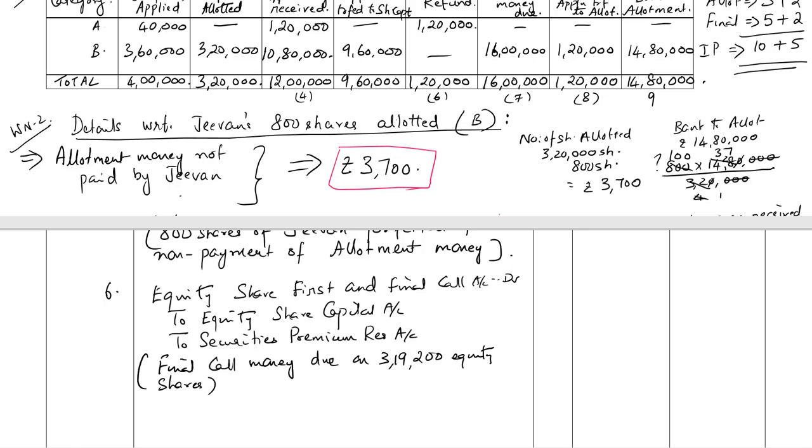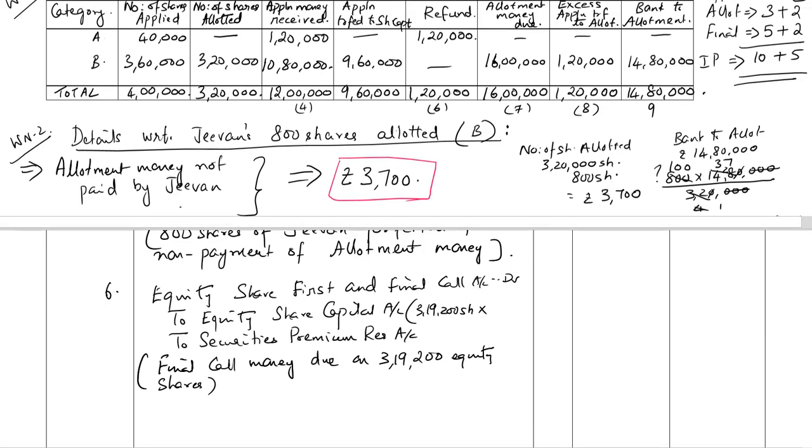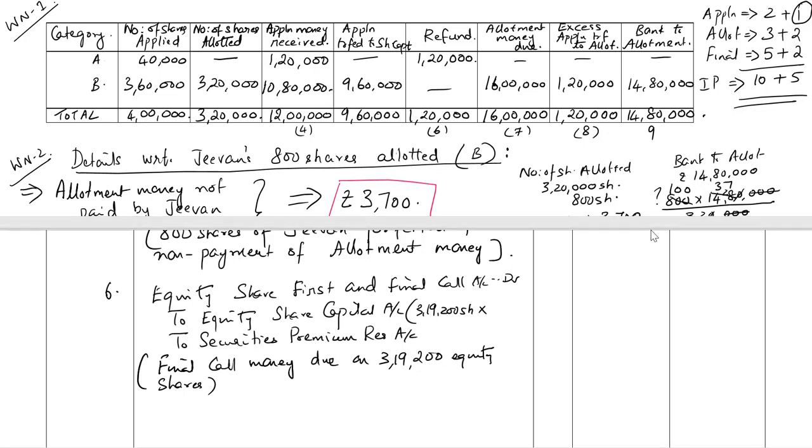Against equity share capital, it's 3,19,200 shares multiplied by the amount of final call money towards the share capital, which is rupees 5 per share. Against securities premium reserve, it's 3,19,200 shares multiplied by the final call money towards the securities premium, rupees 2 per share.